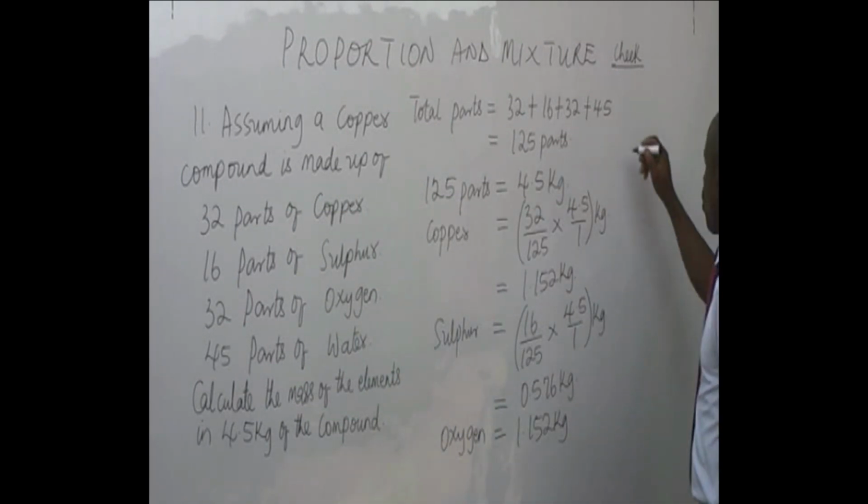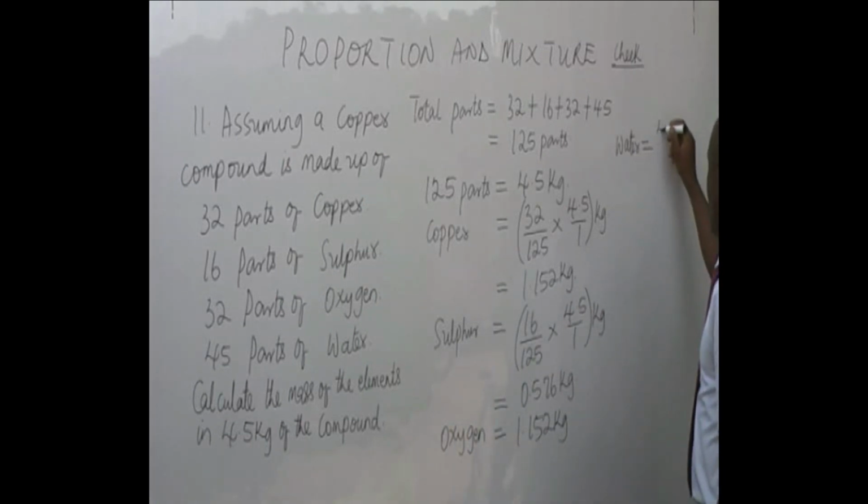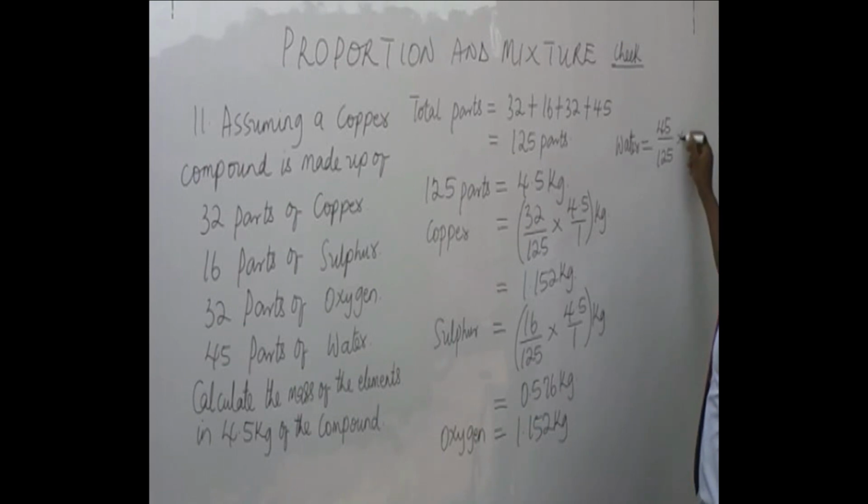Now the last, water. Water has 45 parts. So we have 45 divided by total number of parts, 125, times total mass, all over 1.